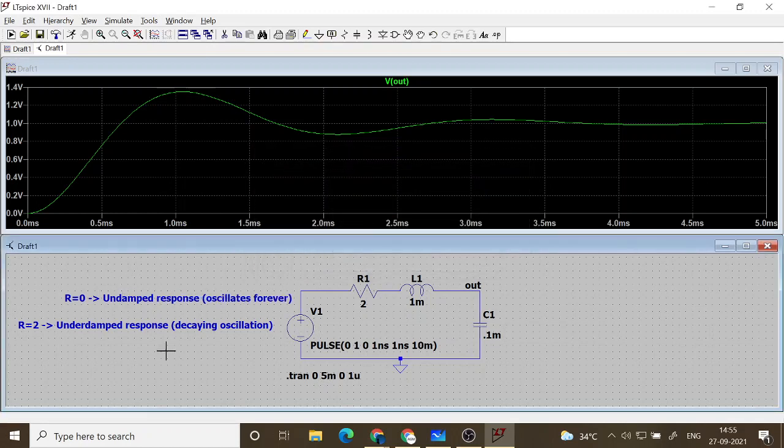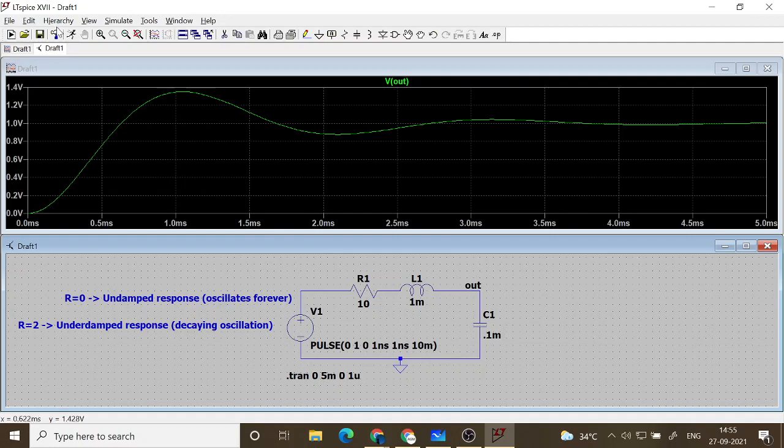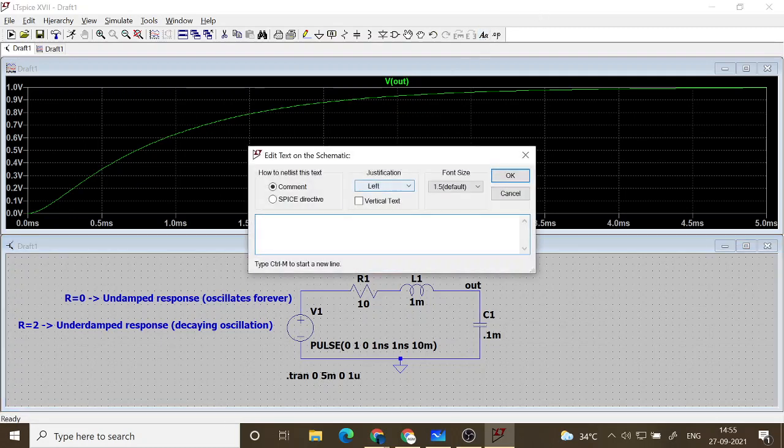Okay, so these are some of the examples. And then if I put R very large, like 10, then we don't have any oscillation. So this is another case.